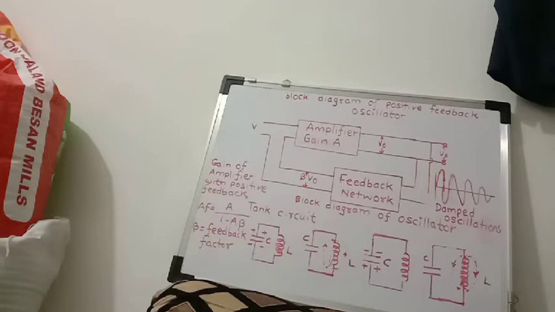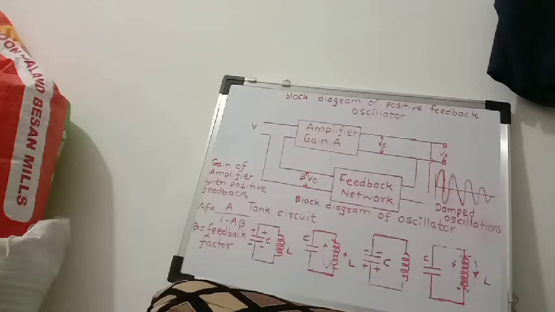And third, an amplitude limiting device. These are the requirements of an oscillator: an amplifier with gain A, a positive feedback network, and an amplitude limiting device.